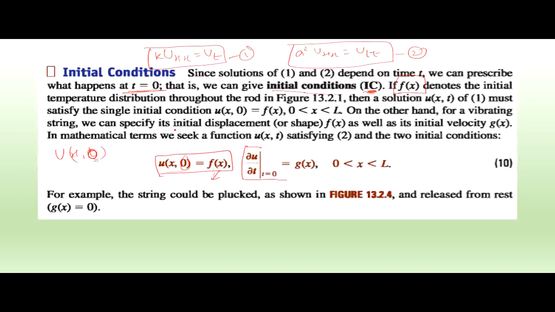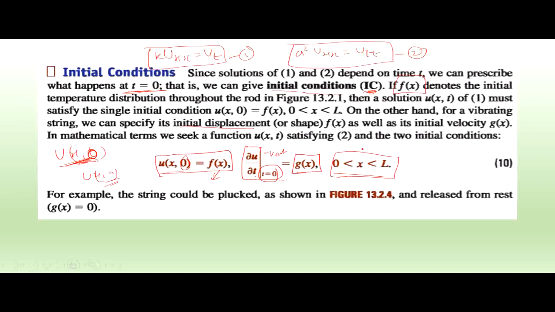For a vibrating string, u of x comma 0 stands for initial displacement. For the heat equation, it is initial temperature. And for the vibrating string, when you differentiate the displacement with respect to t, it is velocity. This is initial velocity. If given as g of x, we take this one. All this happens in the interval 0 to L for x.